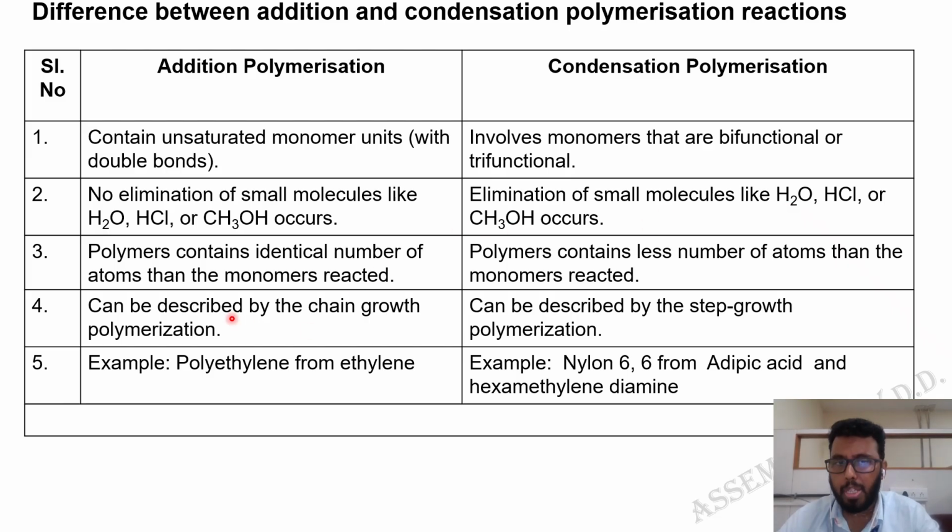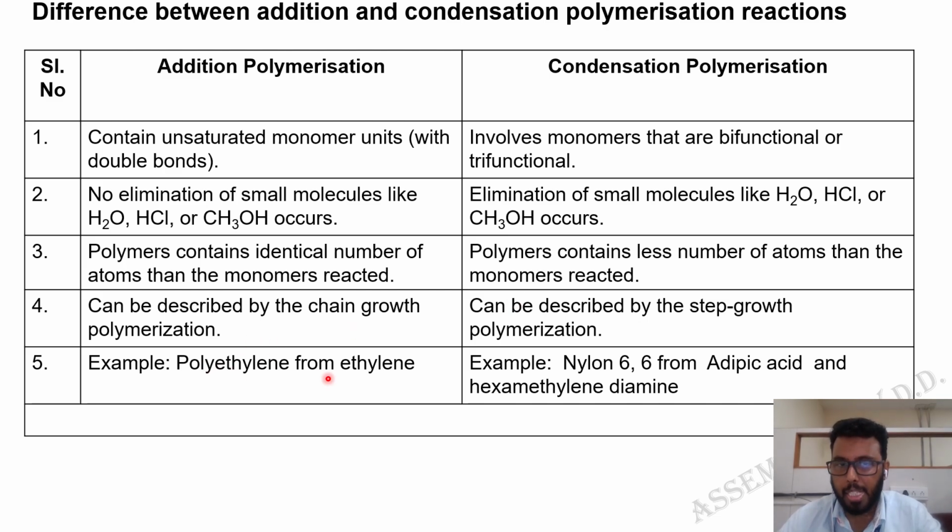In addition polymerization, polymers contain the identical number of atoms as the monomers reacted. So whatever n number of monomers you react, you will get n number of polymer units. But here, there will always be n minus 1. If something is eliminated, then obviously the polymer contains fewer atoms than the monomers reacted.